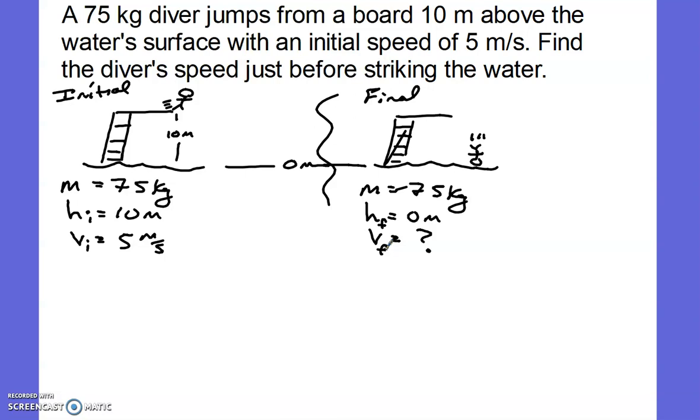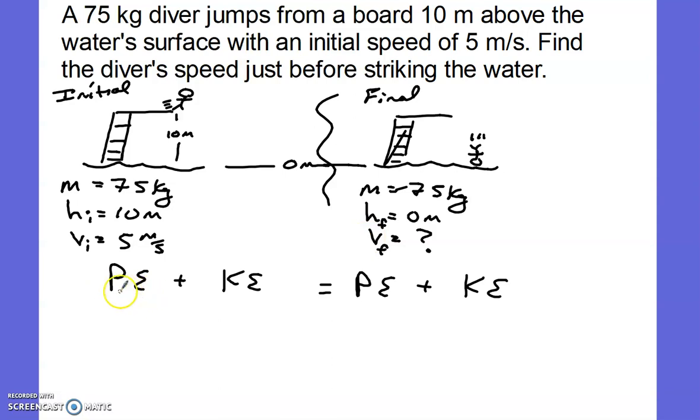The conservation of mechanical energy says that the total energy in the beginning, that is potential plus kinetic, is equal to the total energy at the end. Again, that is potential plus kinetic. What is going on in this situation is we're going to lose some potential and therefore gain some kinetic in its place. In other words, the diver is going to speed up.